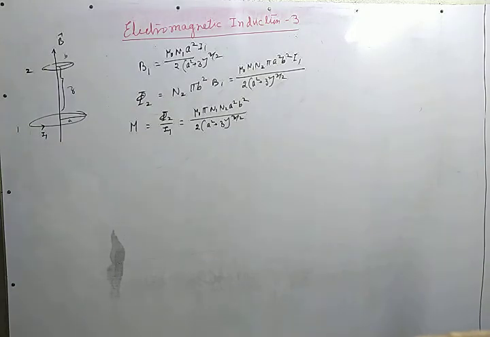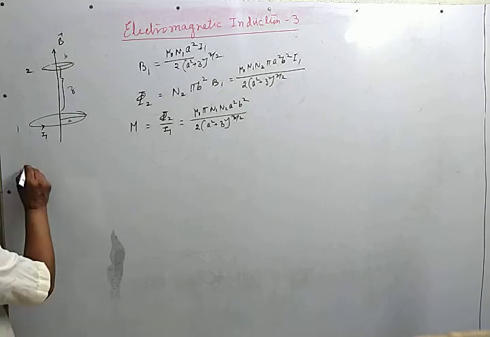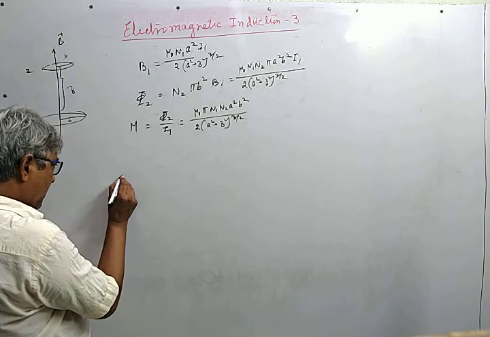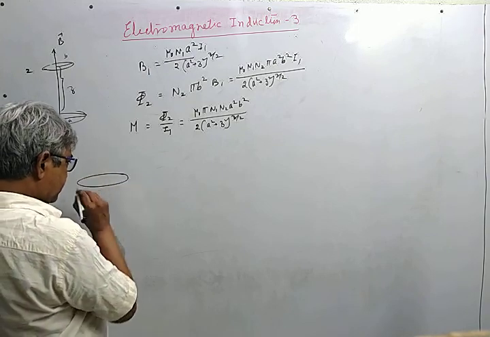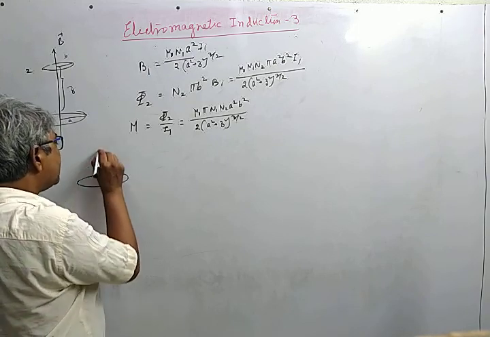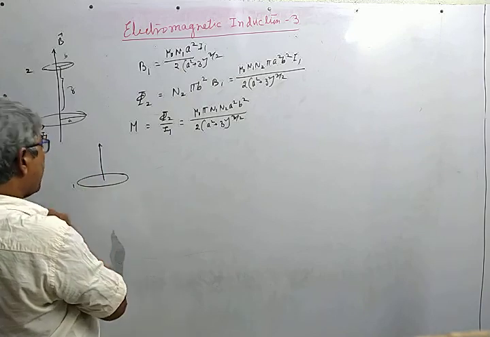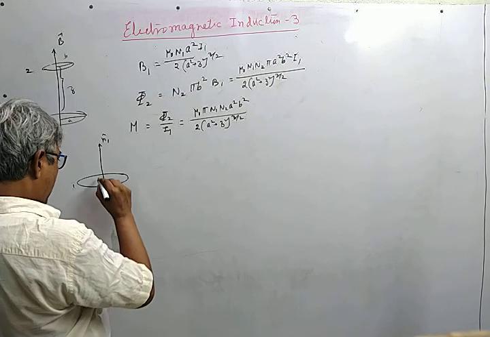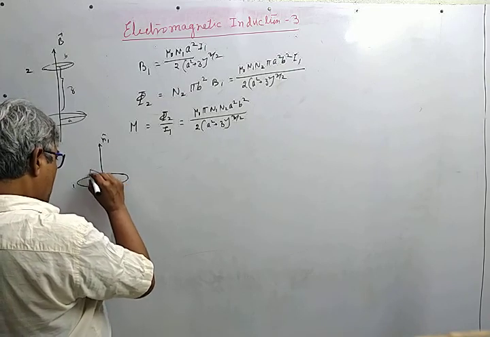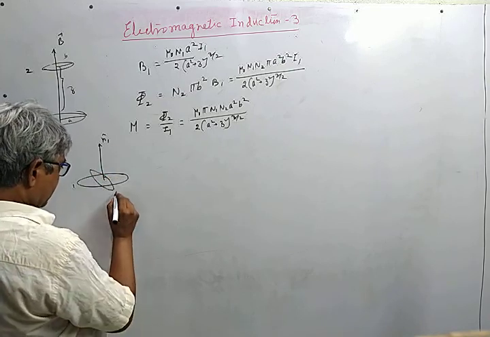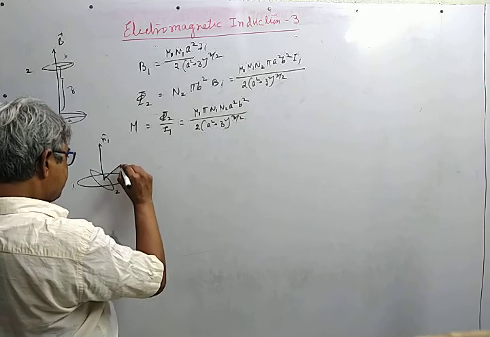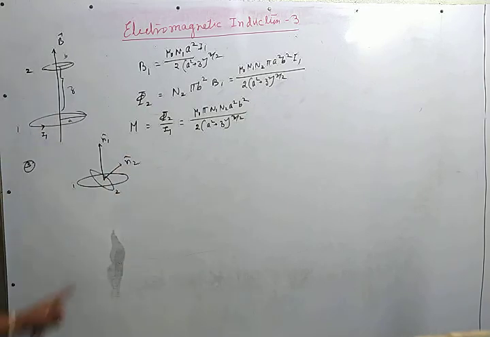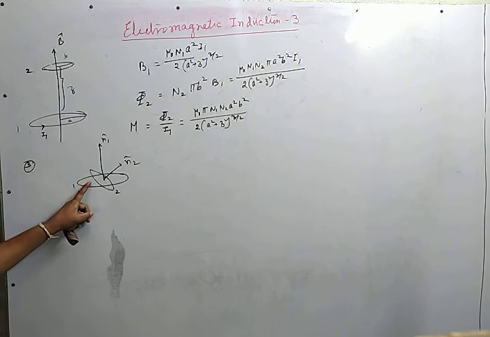Now that's the third example. We consider two circular cross sections. One is fixed, it is the primary coil, with its normal n1 cap, and there is another concentric circle. This is 2, having n2 cap. So we have to calculate the field.